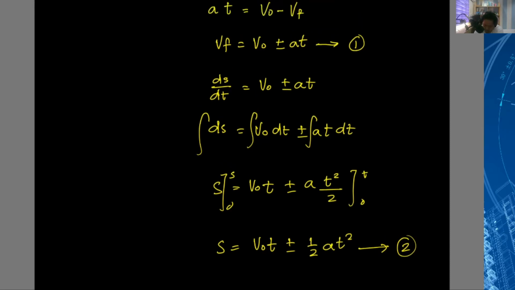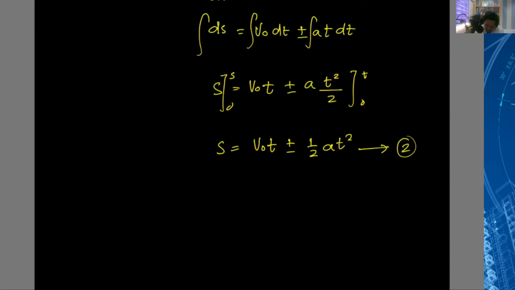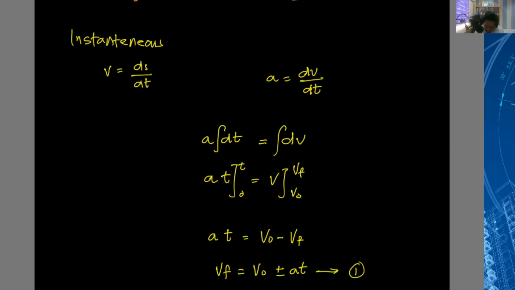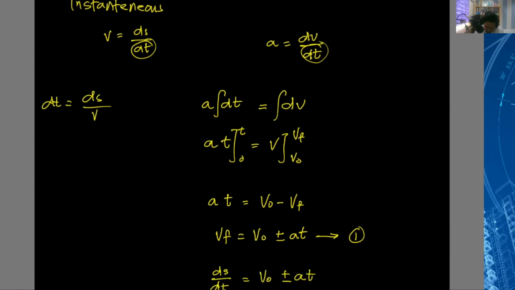Okay, so very easy. So from instantaneous formula, we can have also the expression in terms of dt, because dt is common here. So we will rearrange this in terms of dt. So in the first equation, dt equals ds over v. So in the second equation, dt is equal to what? dv over a.